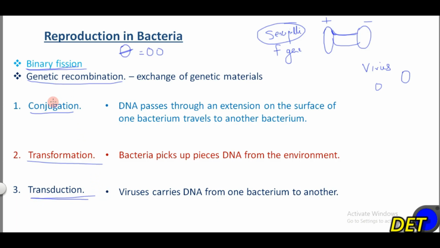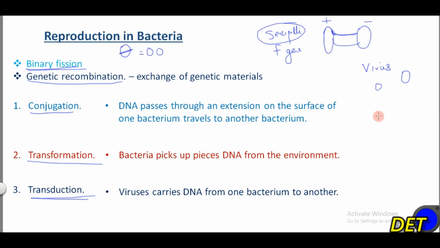So know the difference between conjugation, transformation, and transduction. In conjugation, the DNA passes through an extension on the surface of one bacterium to another, right? During conjugation, the DNA material travels from one strain of the bacteria to another.